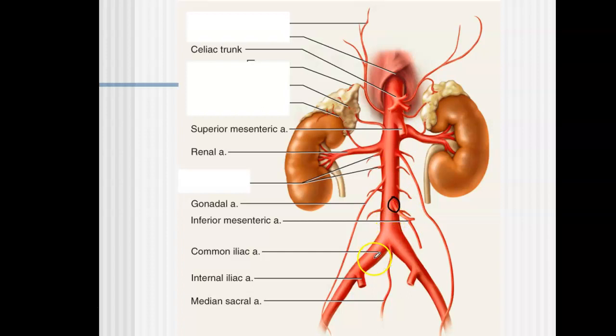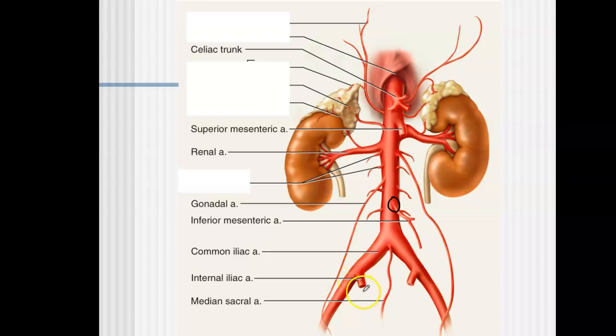As I keep coming down, I'm going to branch now because I have 2 legs. And on either side, I'm going to have a common iliac, because think of the bone that's there, your iliac bone. You have the common iliac, and then one that's going to go deep down, a branch of that, and that goes very internal. It's going to be an internally directed. So that's the internal iliac, and this region here would be external iliac.